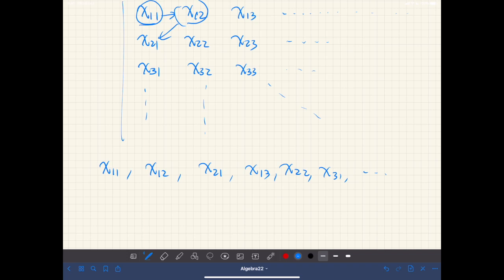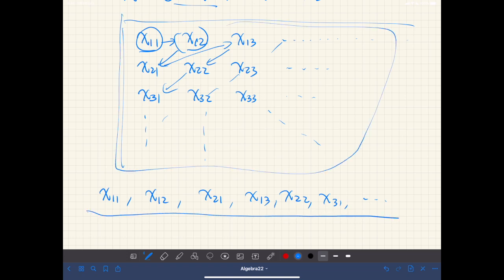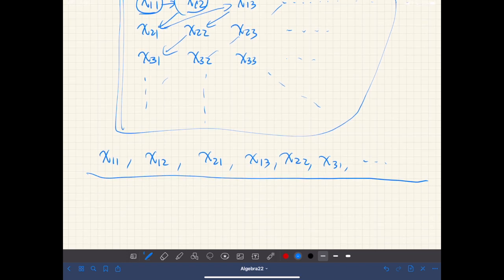By going in this way, we can write down all the elements of this set in a line like this.